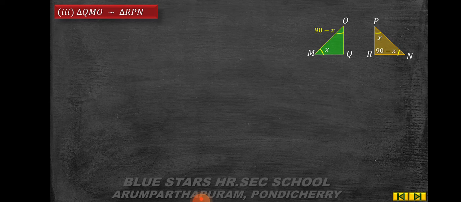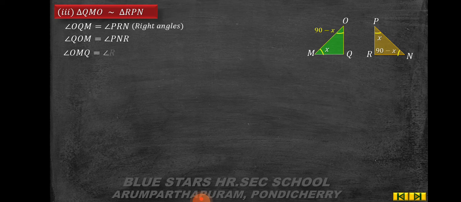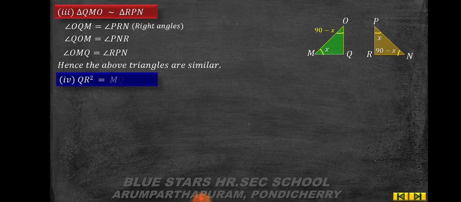So if we choose M as X, then the third angle will be definitely 90 minus X. The same procedure will be followed in the second triangle. So angle OQM is equal to angle PRN, right angles. Angle QOM is equal to angle PNR. So angle OMQ is equal to angle RPN. Hence, the above two triangles are similar.